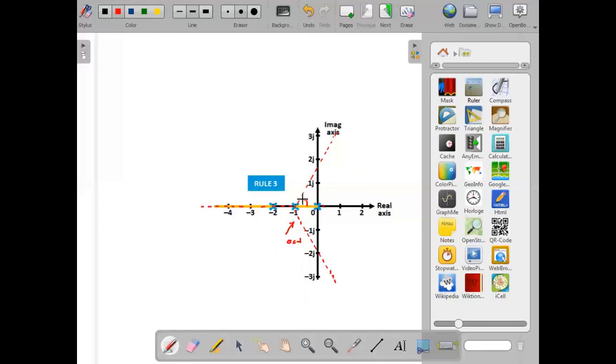Now this angle is 60°, and this angle is 180°, and this is exactly 300.